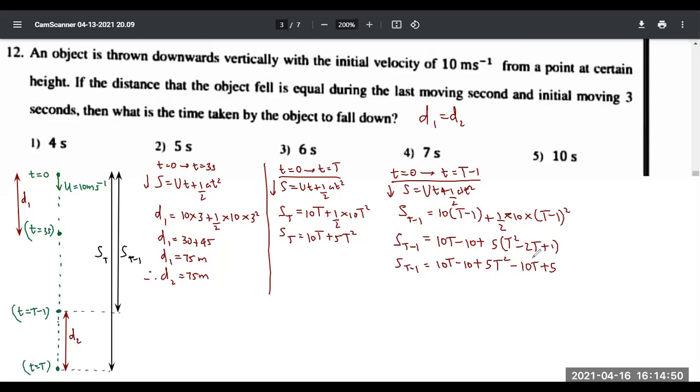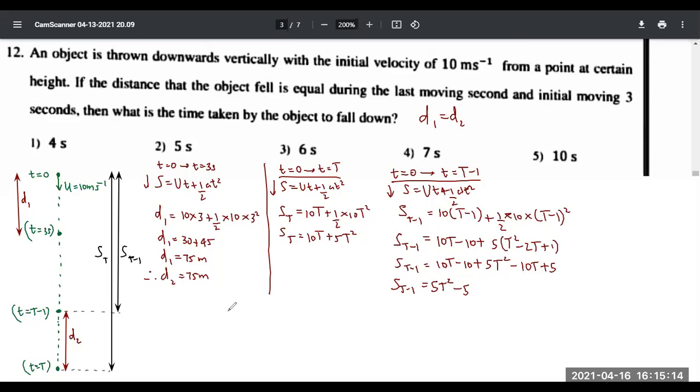See, 10t and 10t, it's getting cancelled off, isn't it? And we will get S(t-1) actually equal to 5t squared minus 5. How did minus 5 come? Minus 10 plus 5. And 10t minus 10t will get cancelled off. Simple as that. Hope you guys understood it.